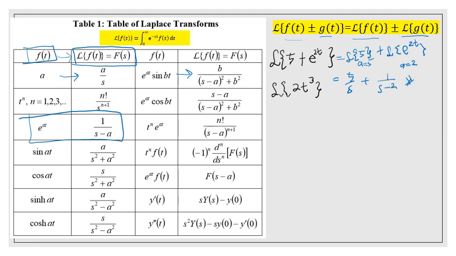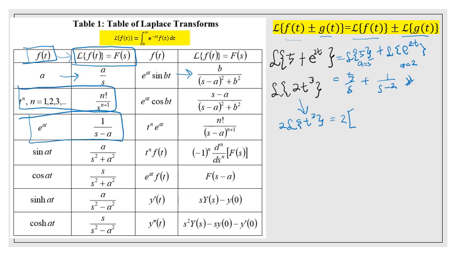We go to the next example here: Laplace of 2t to the power 3. The 2 we can bring out, so we have 2 times the Laplace transform of t to the power 3. From the table, we have t to the power n.